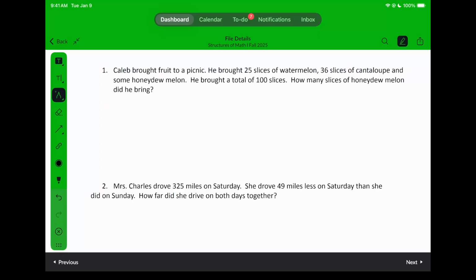So in this problem, we're essentially putting together all of the different types of fruit to get the total number of slices, and we're taking apart to get the slices of honeydew. So that's actually the put together, take apart. That's our two types of problems in one.